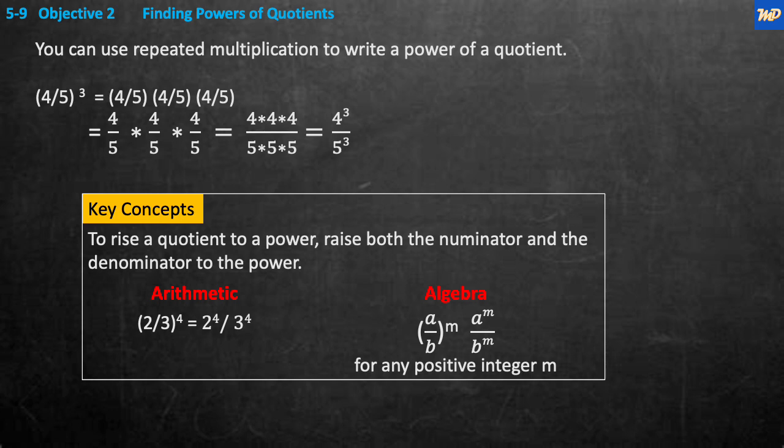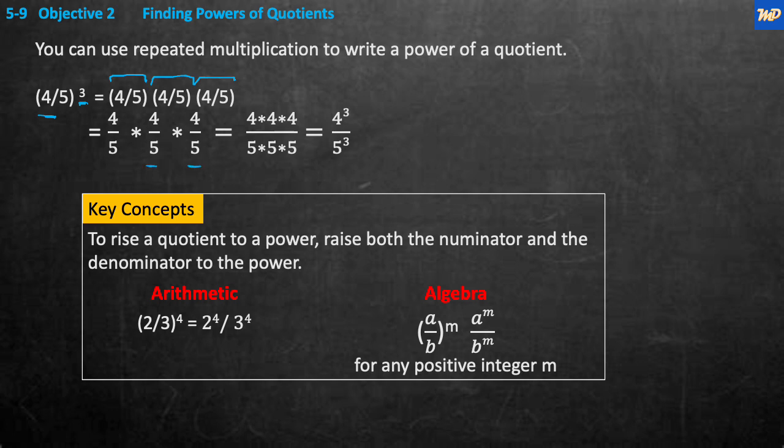So we're going to take 4/5 cubed, and we're going to say 4/5 times 4/5 times 4/5. That's repeated multiplication for our cube here, 3 times. And when you do that, I'm just rewriting it here differently. It looks different now. 4/5 times 4/5 times 4/5.